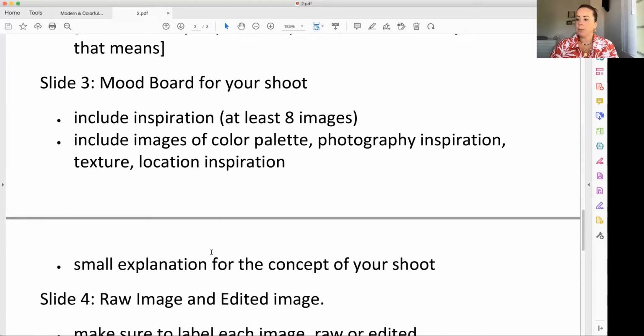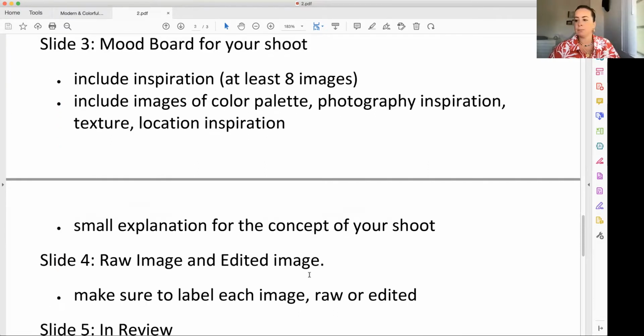There also should be a small explanation for the concept of your shoot on the slide. So if you're doing that Wild Wild West photo shoot, tell us, I'm trying to capture the essence and the roughness of this lifestyle. I want there to be movement and energy by capturing the cowboy on the horse in a very well executed and fashion forward look, something like that, right? So you're getting just a small explanation of what the concept of your photo shoot is.